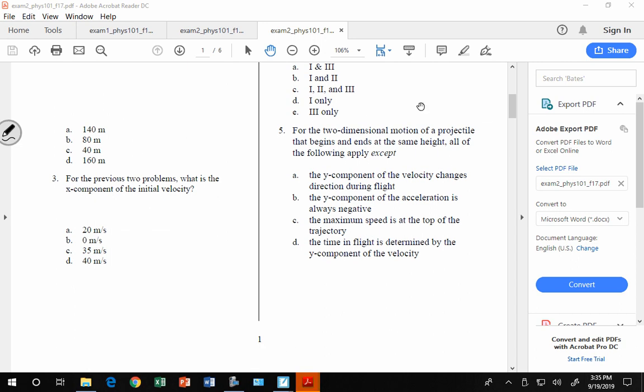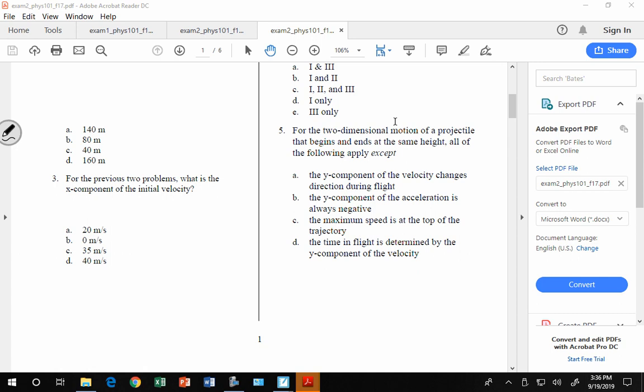Let's look at this. Which of these apply? The y component of the velocity changes direction during flight. That's true. Yeah, it initially starts going up, then it's going down. The y component of the acceleration is always negative? Yeah, the y component of acceleration is always negative g, negative 10.